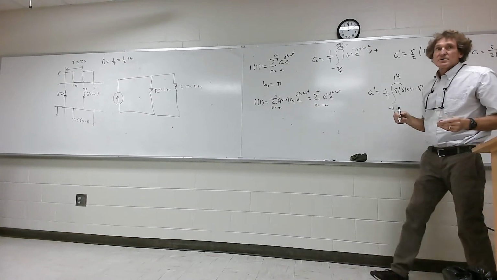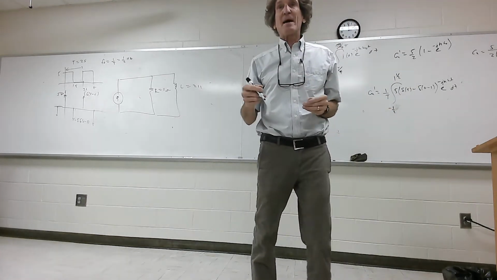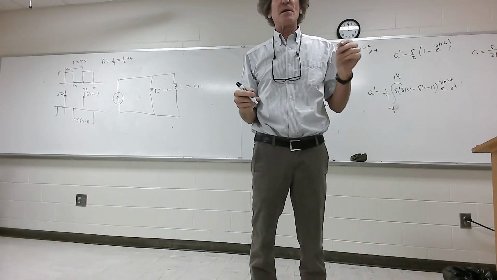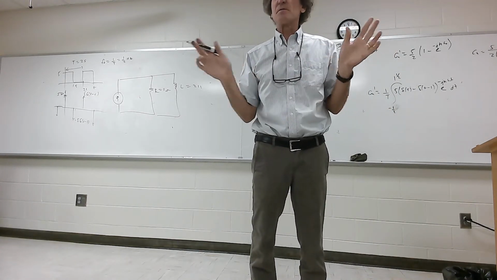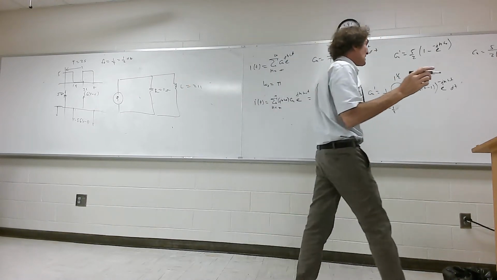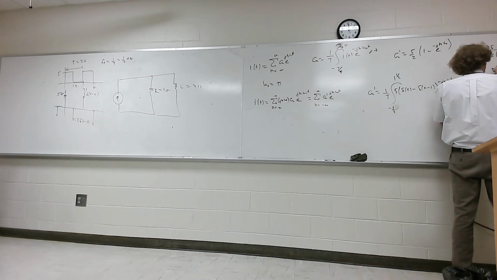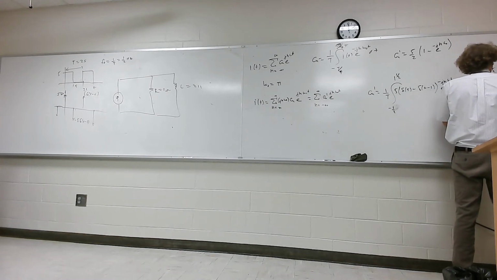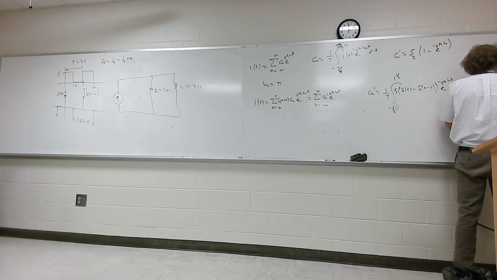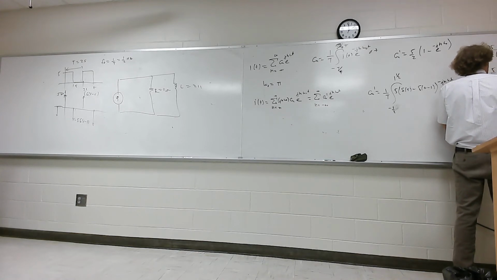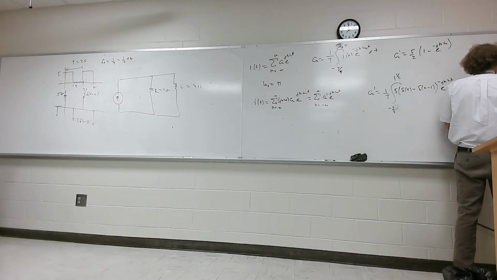Now I'm going to put the values of omega naught in there, and we'll talk about analyzing it rationally. We're going to look at the odd values and the even values. That's the simplest way to do this. So I have c of n equal to 5 halves times 1 minus e to the minus j n pi, over j n pi.